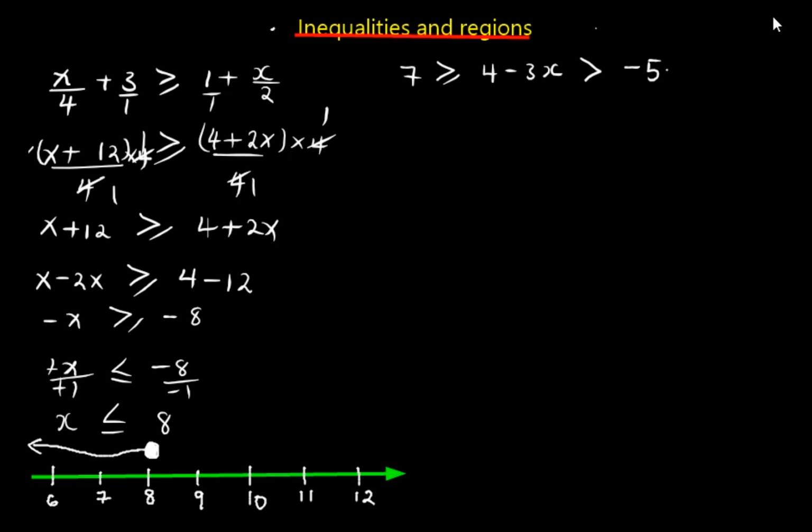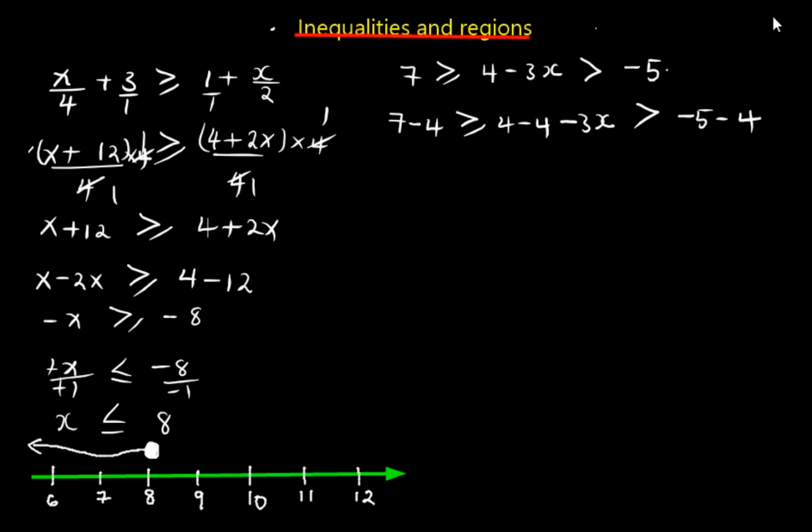So what are we going to do? First of all, we are going to make x the subject. How? We are going to subtract 4 from all the 3 sides. That is 7 minus 4 is greater than or equal to 4 minus 4 minus 3x, and everything is going to be greater than negative 5 minus a 4.